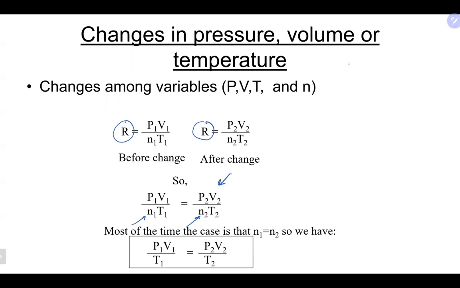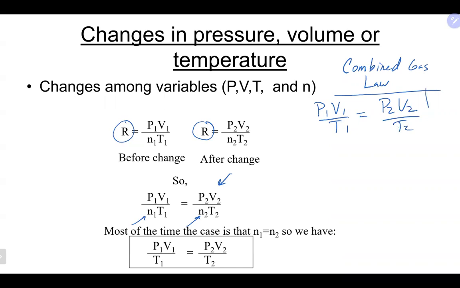So this equation is sometimes referred to as the combined gas law, and it deals with all 3 variables together: P1 V1 over T1 is equal to P2 V2 over T2. Pressure and volume can be any units, as long as they are the same on both sides. But once again, the temperature does need to be in Kelvin.